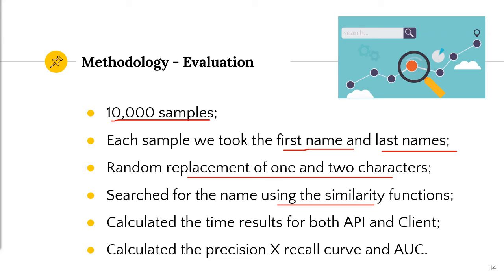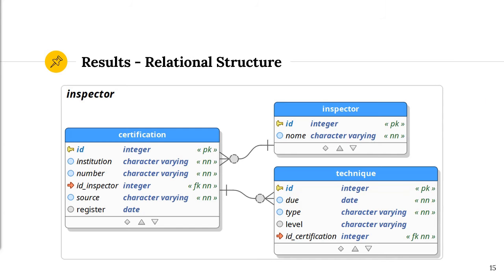And for each name, we searched with the 4 similarity functions. For each search, we saved the time results on both API and client side. And at the end, we calculated the precision recall curve and the area under the curve for each used method.